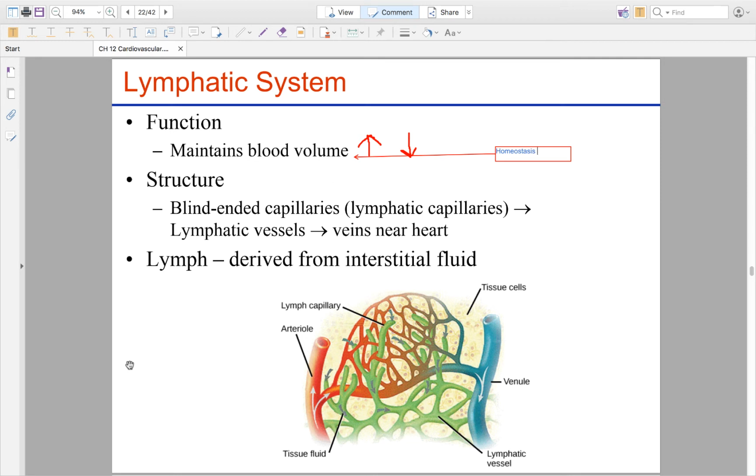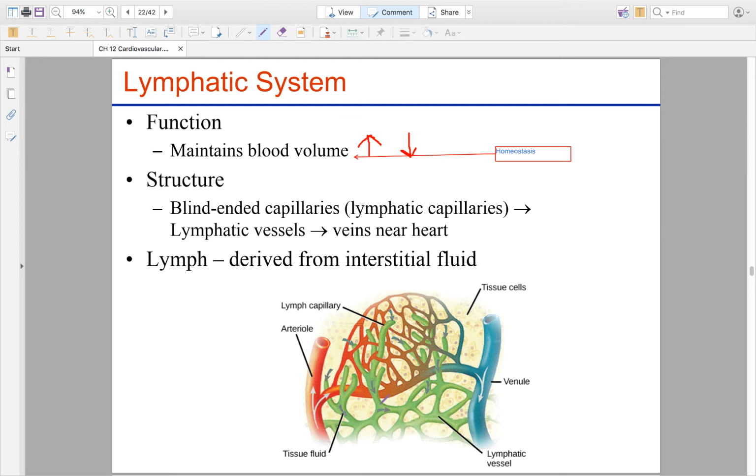Okay, so let's look at the lymphatic system, or part of it. And ultimately, you'll see here in this picture, there's the arteries, right? Or an arteriole. This is the capillary network back here. That's veins. And in green, see how the lymphatic system is intertwined with our blood vessels.